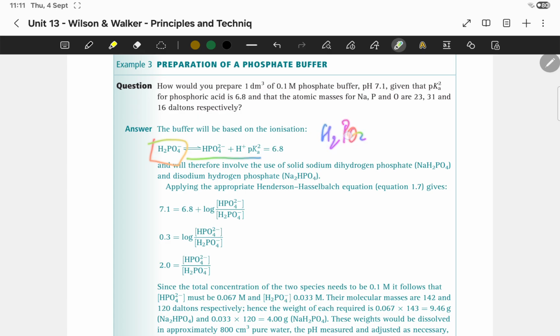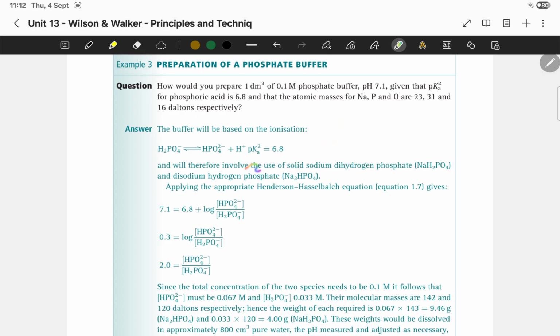Okay, H2PO4 minus will break down into H plus and HPO4 2 minus. The pKa is given. That means 1 H is going away. 1 H has gone away. This is number 2, not a squared. Now we understood why. If it was 1, we could have taken H3PO4, right?